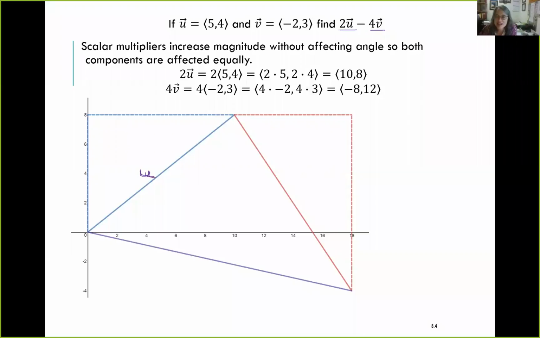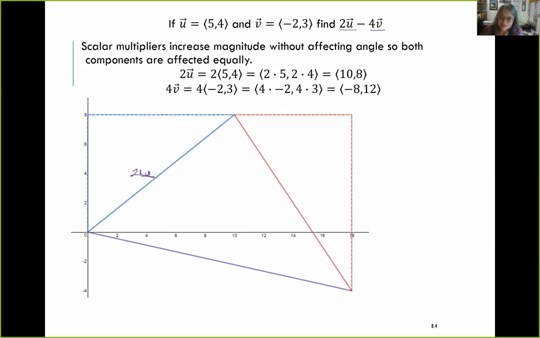That's okay. Scalar multiples, we can just multiply our individual components by our scalar multiple. So what I have on this diagram is 2u. We've got a horizontal displacement of 10 and a vertical displacement of 8, which is 2 times 5 for the horizontal displacement, 2 times 4 for the vertical displacement.